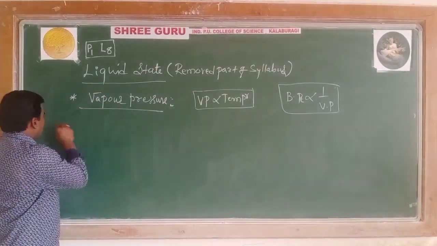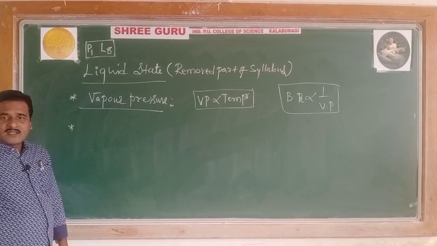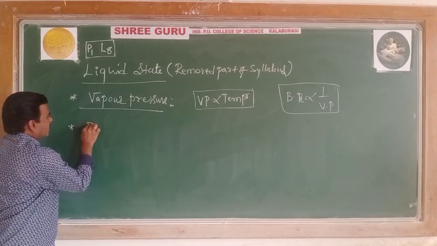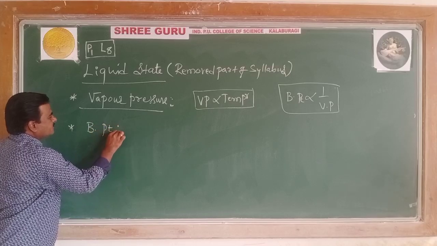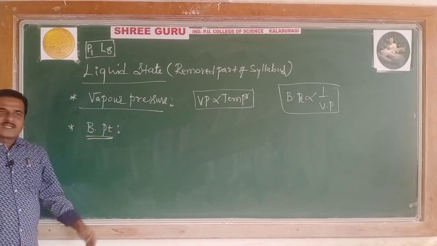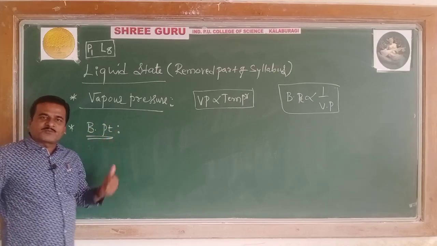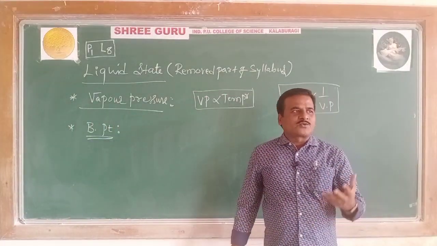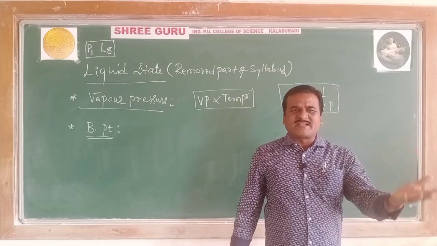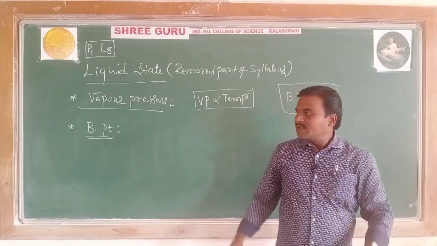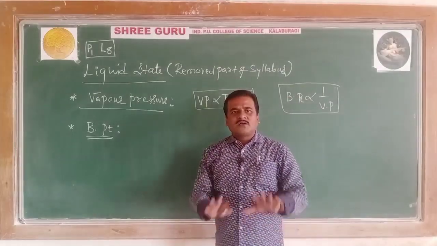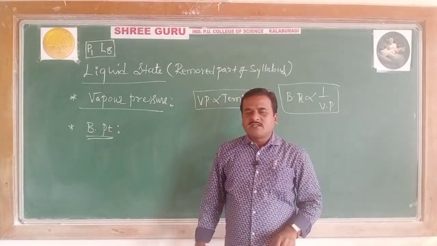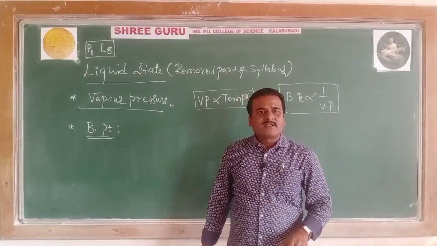Well, next point I do take. What is that next point? Let me take boiling point. Well, dear students, with respect to boiling point, any liquid you take, liquid water, kerosene, petrol, benzene, acetone, any of the liquids, they do have a definite boiling point. So what is this boiling point?